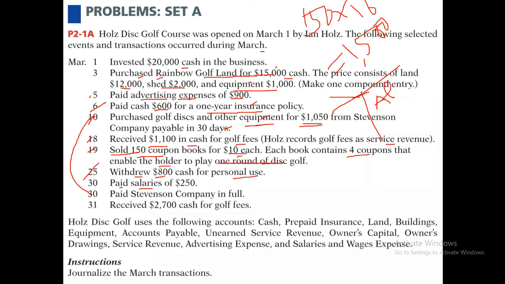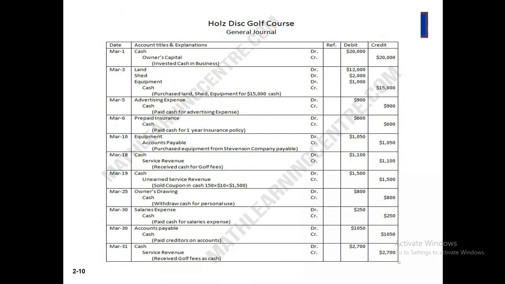So now we are paying Stephen in full, so accounts payable will be debit. Credit increases credit and decreases debit, and since we are paying, cash will be credit. So this is the transaction: accounts payable 1,050 debit, and cash credit, that means we are paying cash.